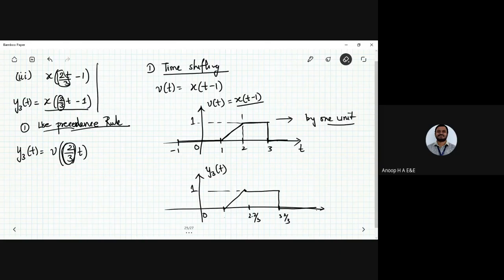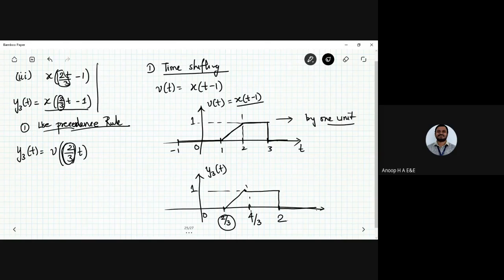So this time axis is 2 by 3. You can do it in decimal form also and keep it, not a problem. Next, 2 into 2 by 3, what you are going to get is 4 by 3. Next we get 3 into 2 by 3 as 2.